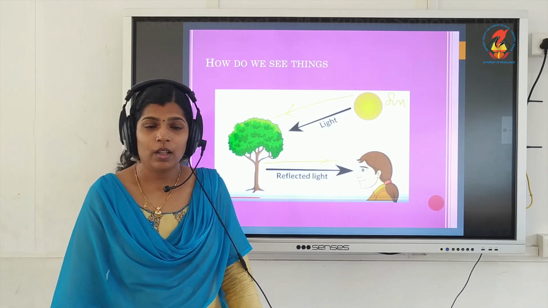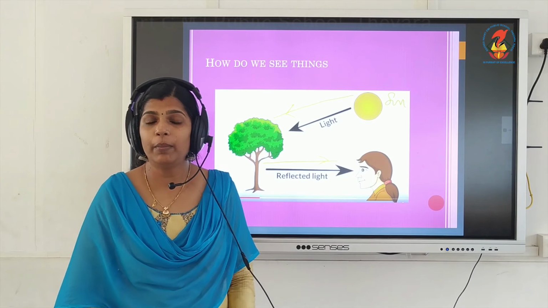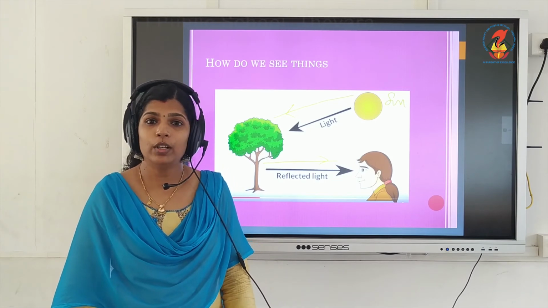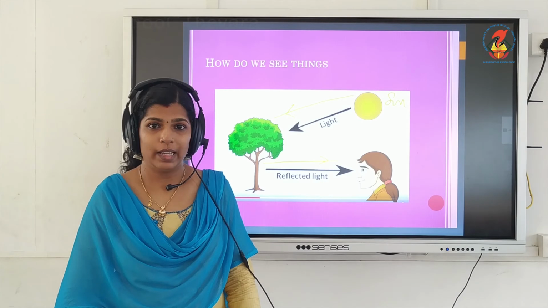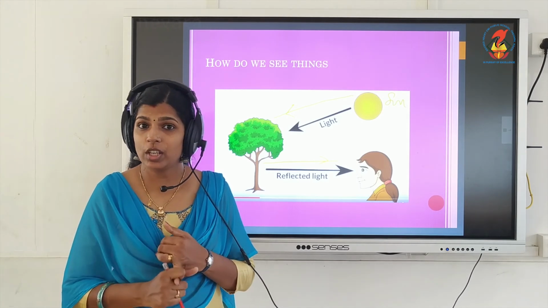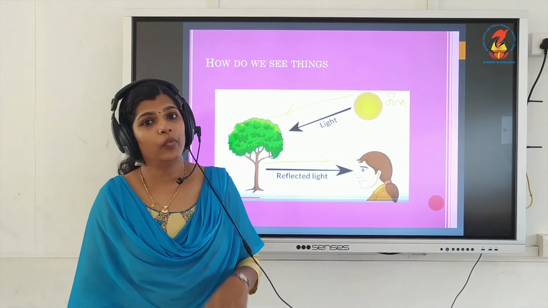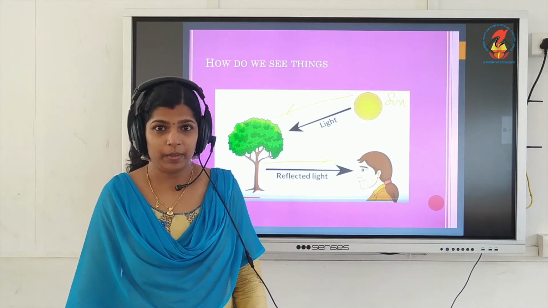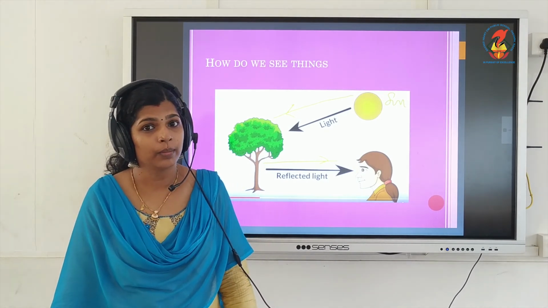Okay. So, what is reflection of light? Bouncing back of light from a highly polished smooth surface is known as reflection of light. The mirror will change the direction of the light ray, and at the same time it will reflect the light ray. Why is ambulance written in its mirror image form?